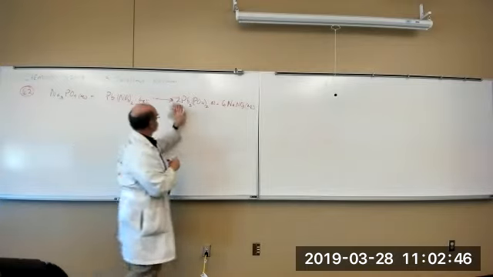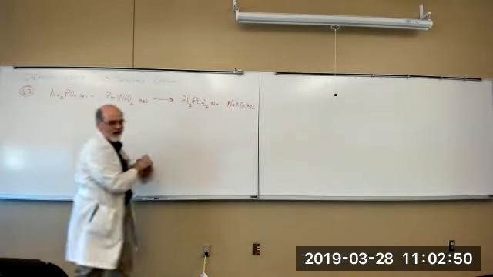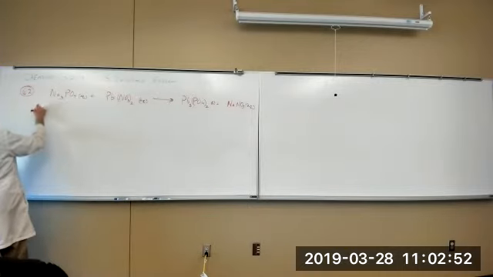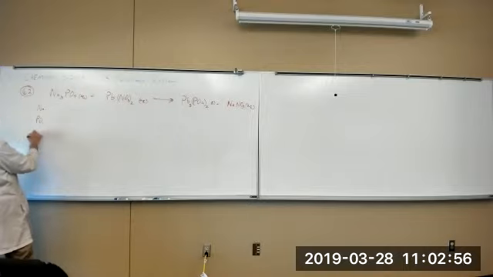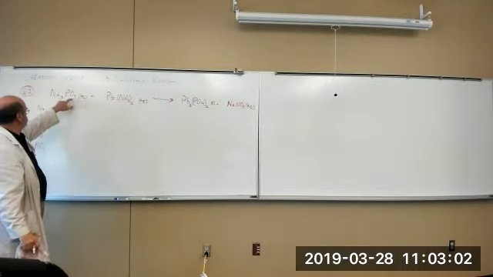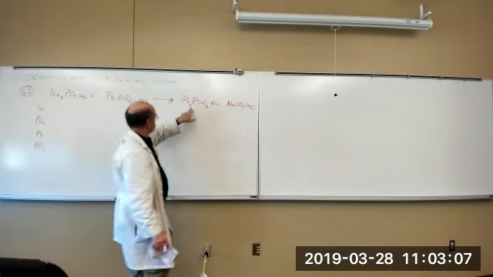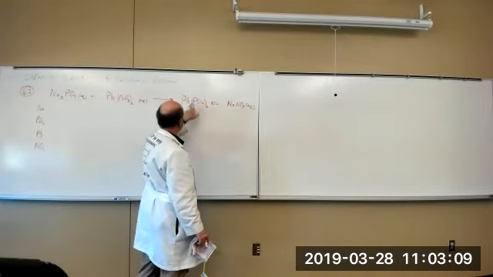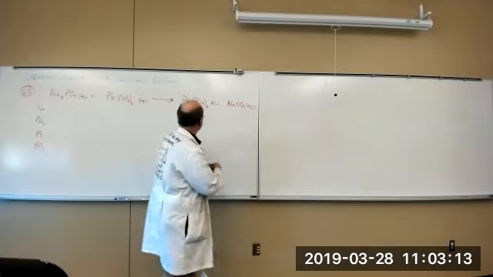When all else fails, do it the right way, right? So we've got sodium, phosphate, lead, and nitrate. Let's see if I wrote these right. 3 minus, 3 plus, 3 minus, 2 plus, cross, okay, and 1 and 1.